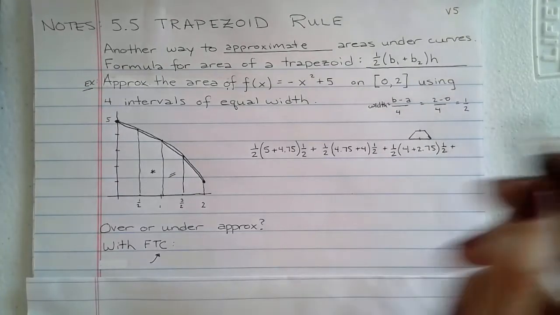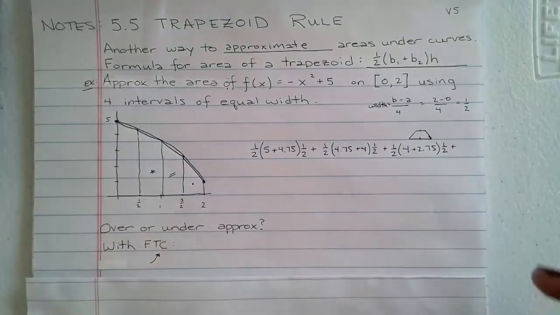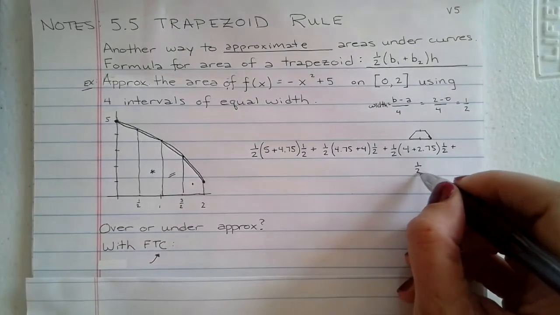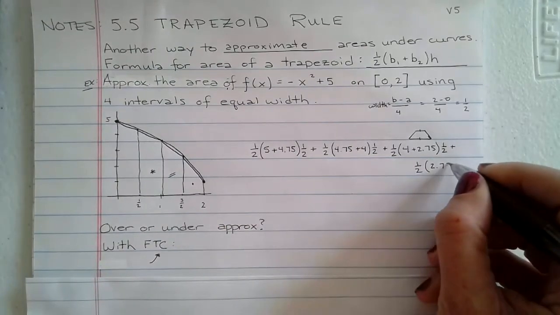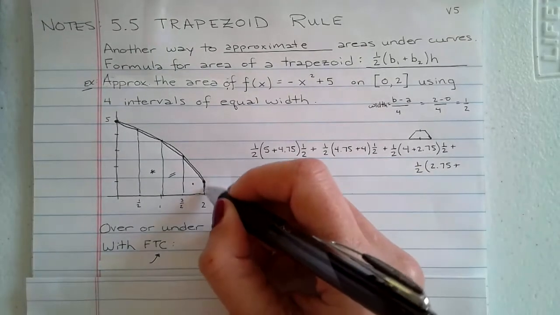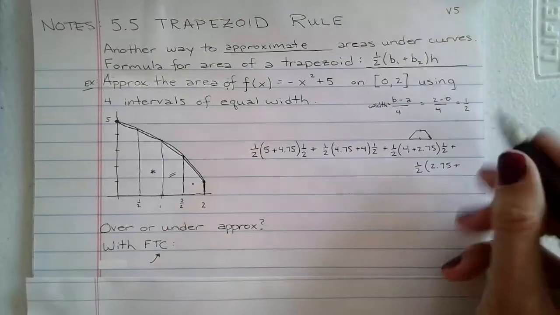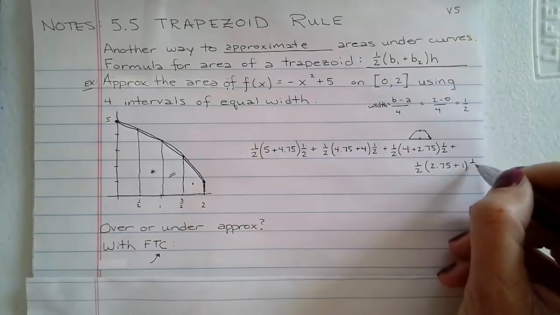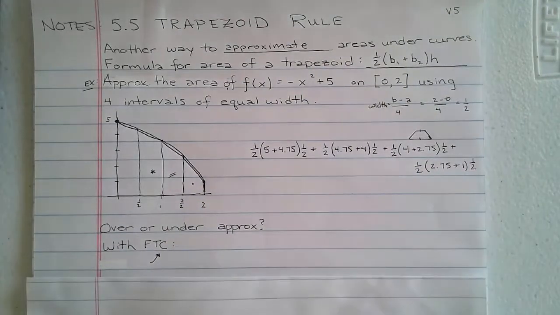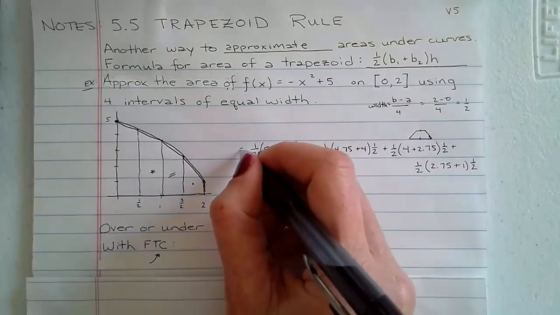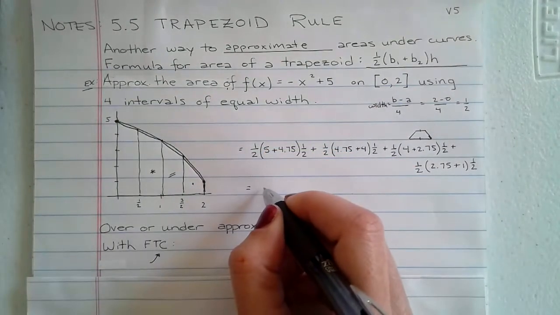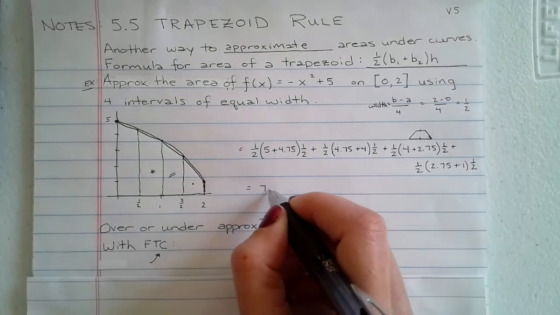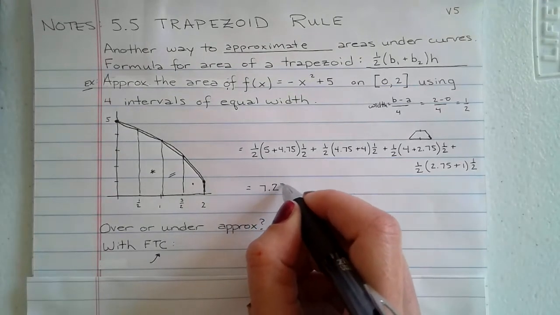And then the last one, which is this one right here, is going to be 1/2 times the sum of the bases. I got 2.75 plus what this side would be when I plug in a 2. I'm getting a 1 times the height again, okay? And then you can get in your calculator and figure out what all this is. And we're approximating the area, and it comes out to be about 7.25.